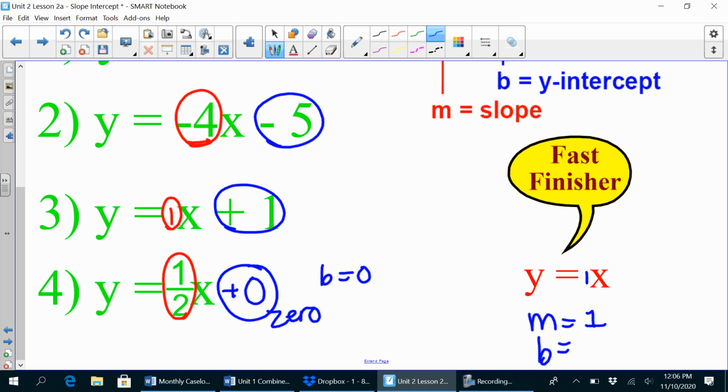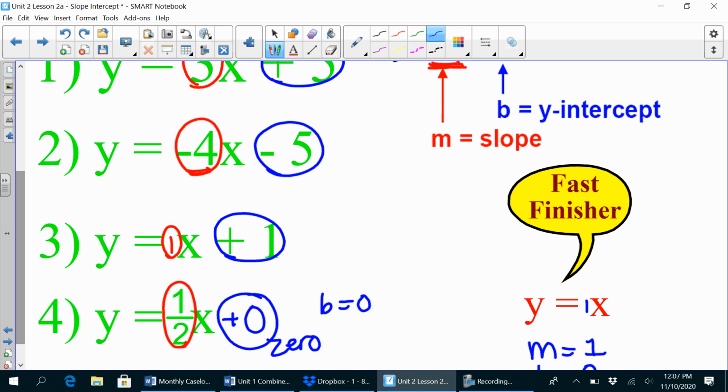So that would be 1. And if we look back at example number 4, what would my y-intercept be? That's right, 0. Okay? So just to reiterate, we identified the slope using the red. I circled it in red. And for b, the y-intercept, I circled in blue.